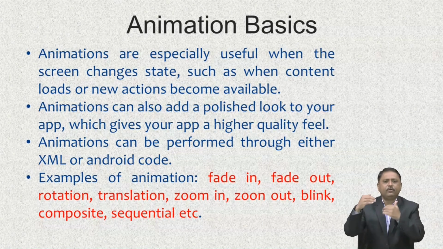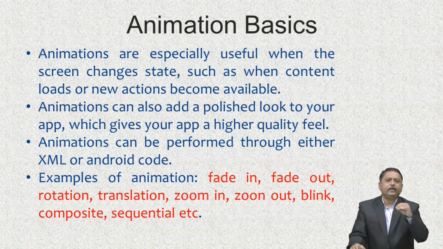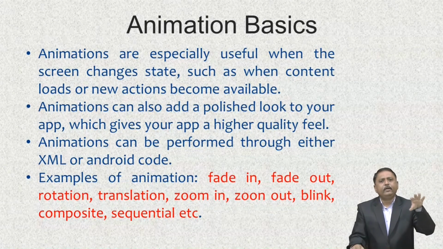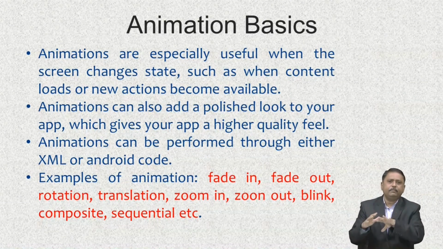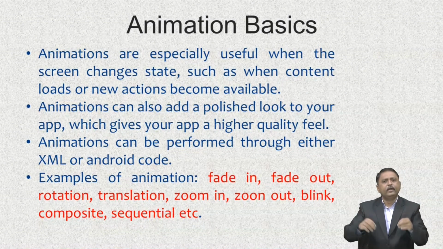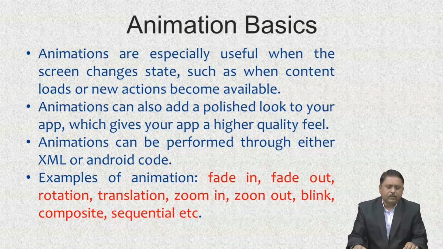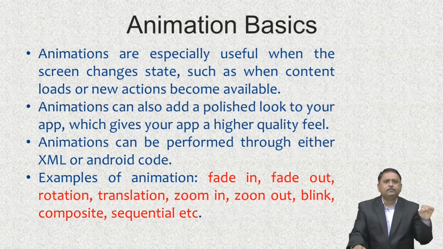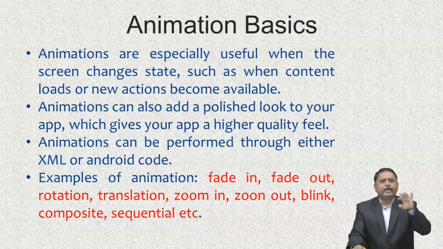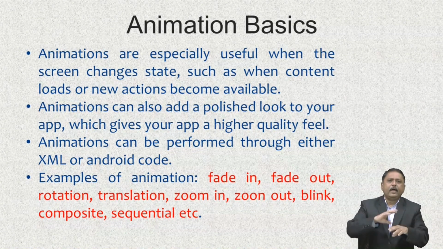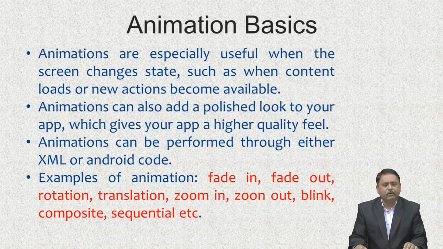For example, first we rotate the object, then we translate the object, then we move back to the original position, and then we can zoom in or zoom out. So, this is an example of sequential. In case of composite, we apply multiple animations simultaneously. So, this is the difference.